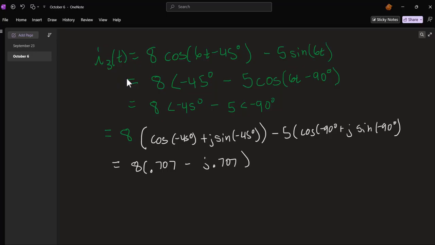So like the one we just did, once we got it into phasor form, it was 8 angle negative 45 minus 5 angle negative 90.